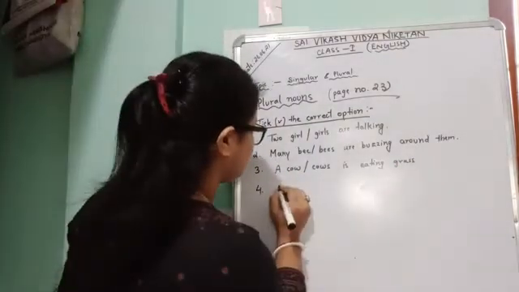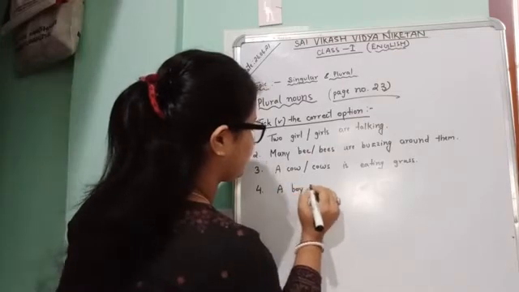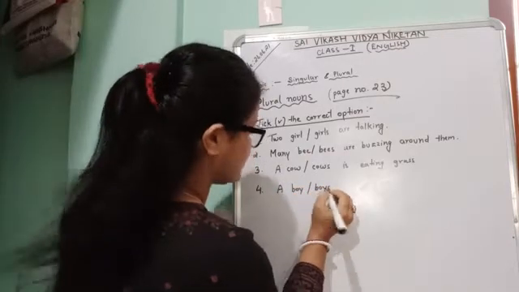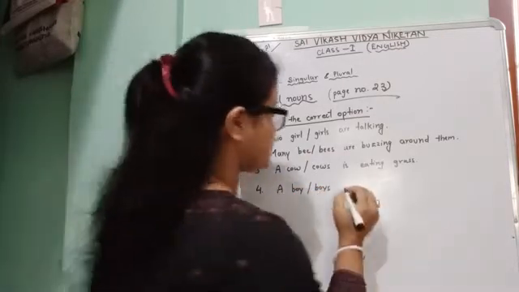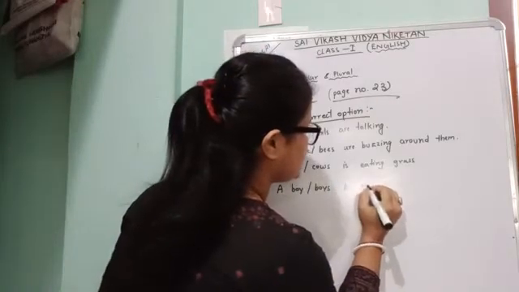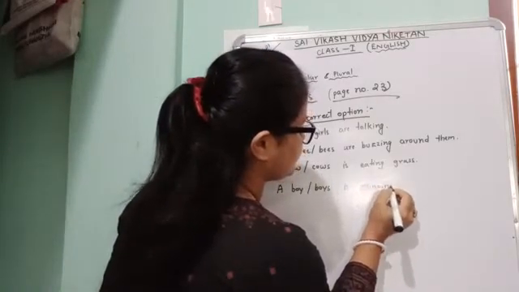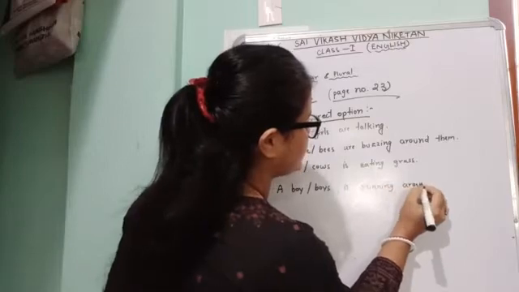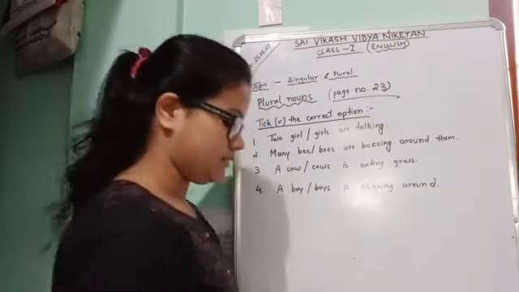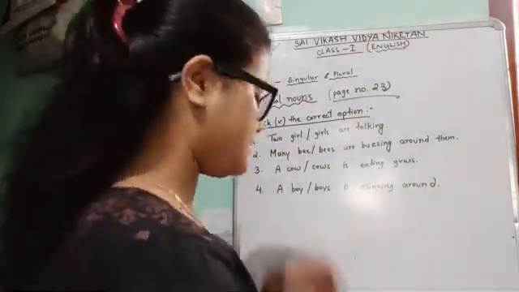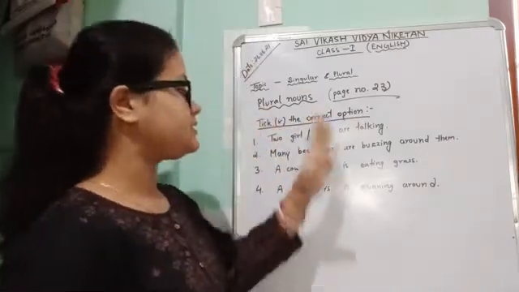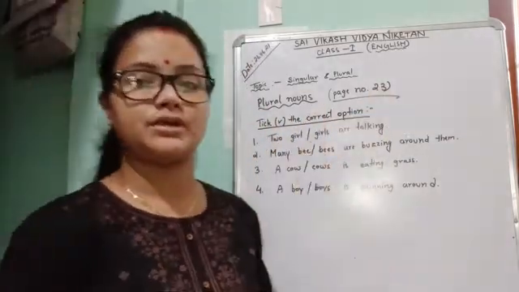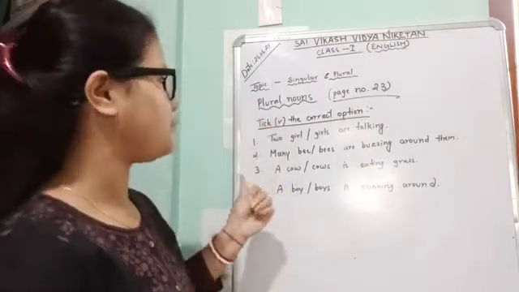A boy or boys is running around. Okay, now let's discuss these exercises. You will find these exercises in page number 23. So please practice at home.